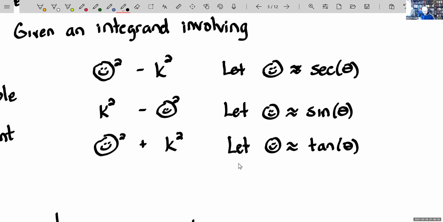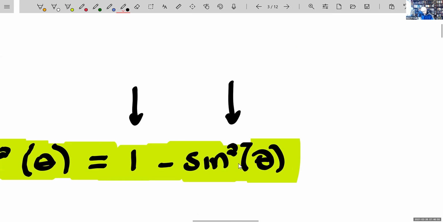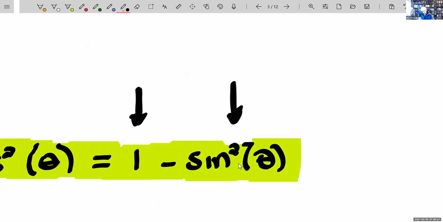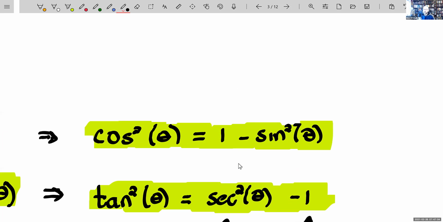Because again, tangent squared plus 1 can be traded out eventually for a single statement. That's the whole idea. We're going to trade out those sums and differences of squares for single statements. So if it's a sum of a variable squared plus another number, I can trade that out eventually just for a secant squared. If, on the other hand, it was some number minus a variable statement squared, if I let that variable statement roughly be the sine, I can eventually trade it out for the cosine squared.